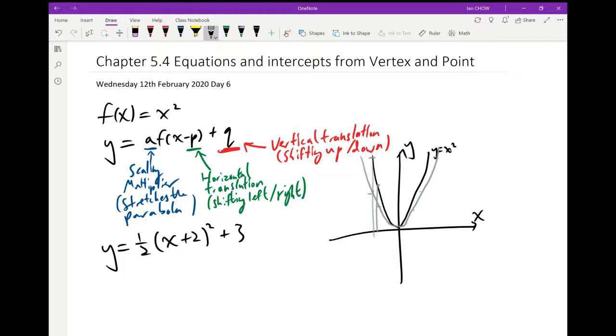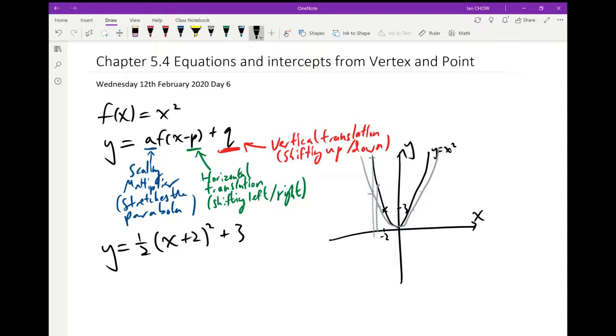And then we also have a plus 2 over here, which will result in a left shift of 2 spaces. And then we also have a plus 3, which is going to be an upward shift of 3 spaces. So if I go to negative 2, and then we have a positive 3 over here, this is where my new vertex is going to be.